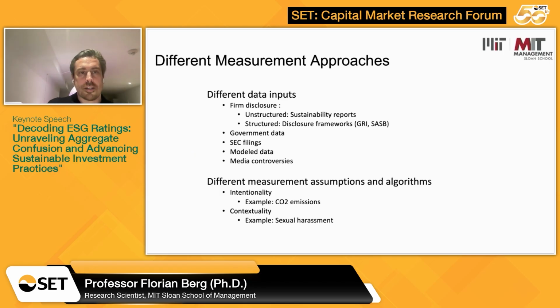Then those ESG raters also use government data, World Bank data, for example. They use SEC filings in the case of the US, so financial reports. I will show you the case of Tesla, an excerpt of the 10K, the yearly filing with the SEC, where they clearly reference some ESG risks.